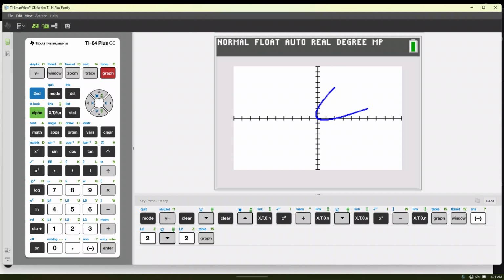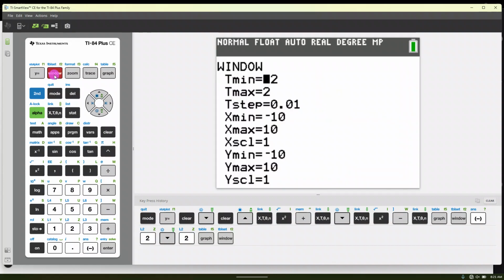If you want to slow it down, go to Window again and make your t-step a little smaller than what you have. Typically, you get by default a 0.1 or a 1. Here we have a 0.01, which is still a little quick for our function. So I'm going to make this 0.001, even smaller. What is this? So these are the steps. That is the number of ordered pairs our graphing calculator is plotting to give us the entire graph.